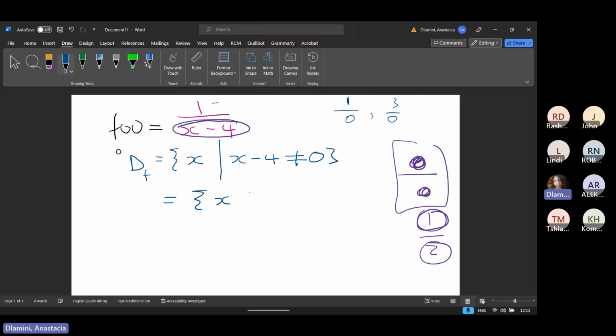Then we simplify and say x such that x, we take the minus 4 to the other side of the sign, so x should not be equal to 4. Why? Because if you substitute 4 where you see x, 4 minus 4, this will be equal to 1 over 0. That's why our x should not be equal to 4 for this particular function to be defined.